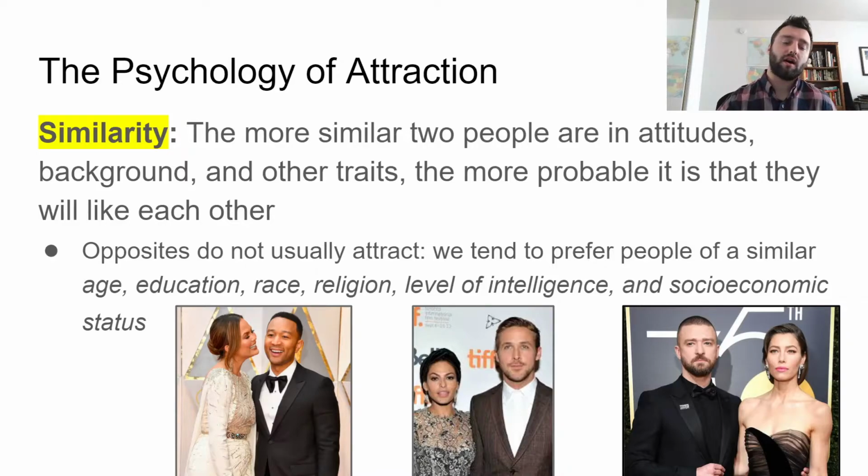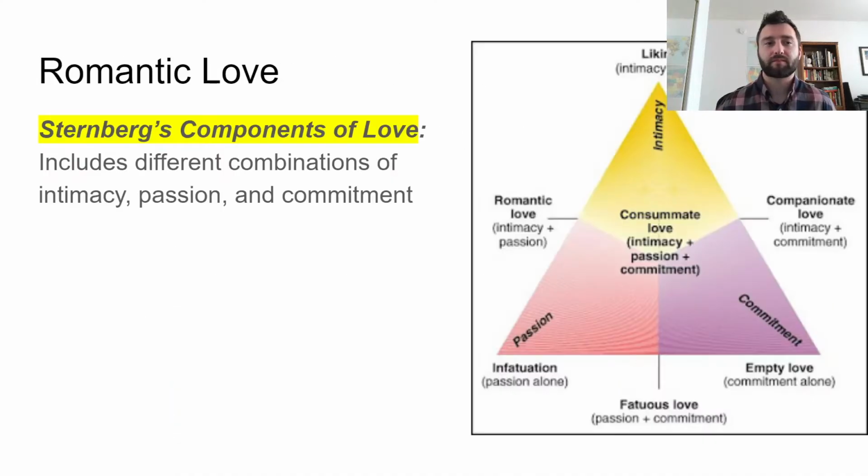Or if you're an incredibly wealthy person, and this other person is living in abject poverty, right? It's not very likely that that's going to cause attraction. So again, it doesn't mean that you're going to be exactly the same, but we tend to see similarities. People that are more similar tend to be more attracted to each other. And again, it's overall similar. It's not every little thing.